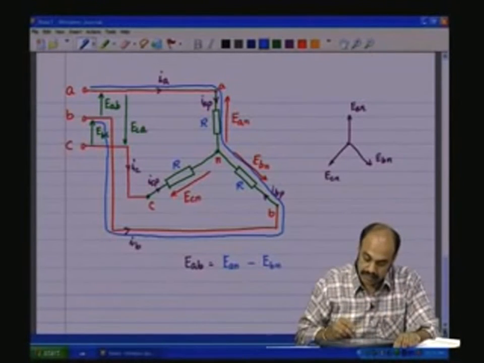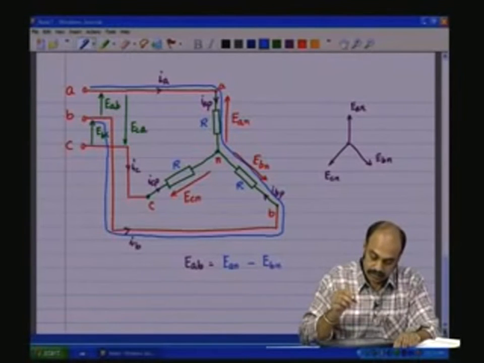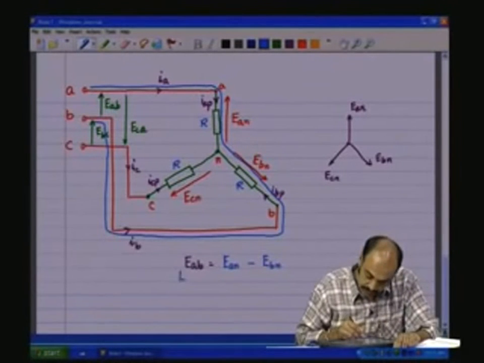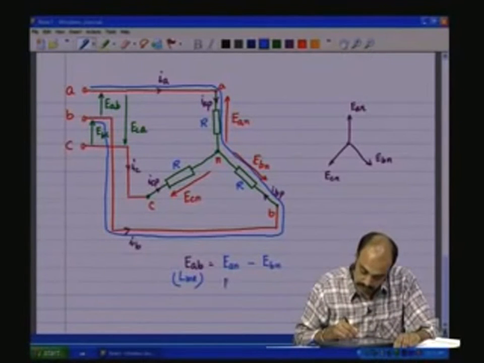So, EAN minus EBN is EAB, the line voltage. This is the line voltage. These two are the phase voltages, phase A, phase B.